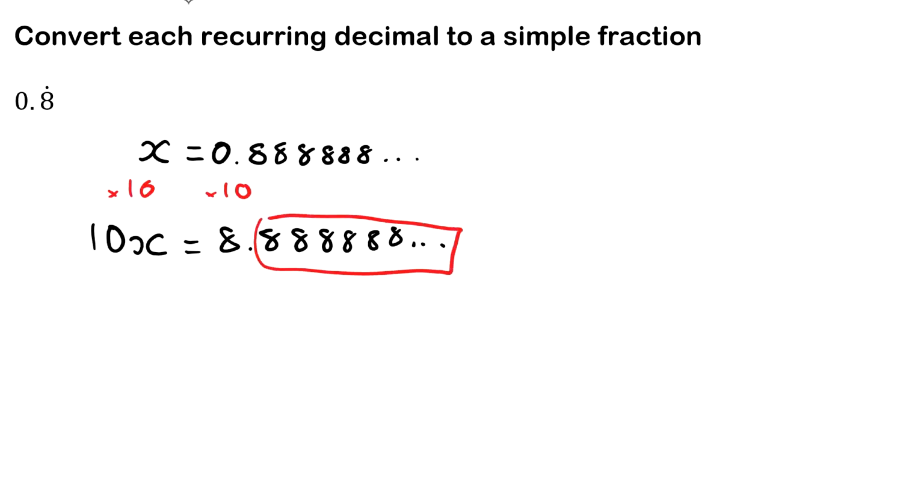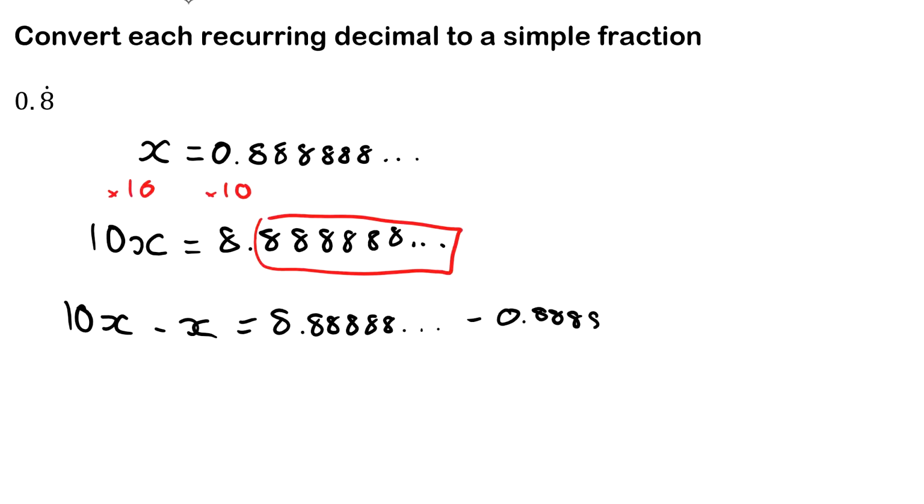If I have 10x and I take away x, it's like saying I have 8.888888 take away 0.888888. If I line it up like this, it's easier to demonstrate.